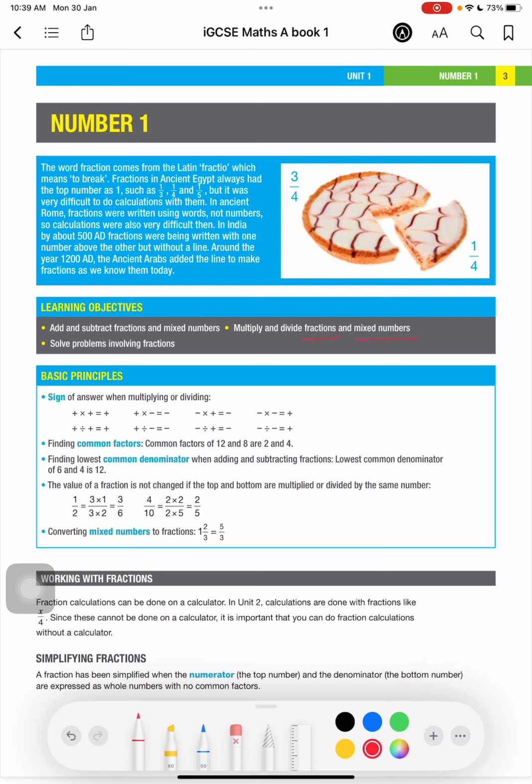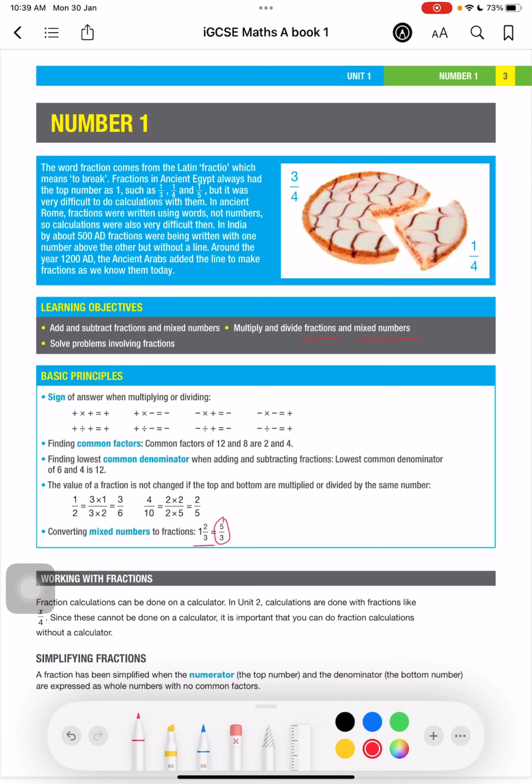For the order of operations with regards to fractions and mixed numbers, you will have to note how that actually works. So, simple conversions over here. How do you get 1 2/3 into 5/3?